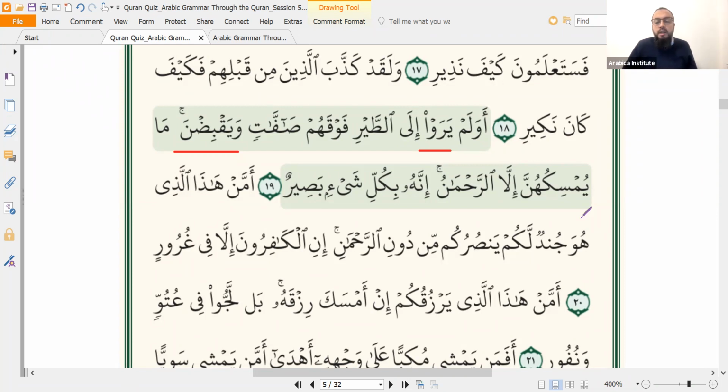Ma yumsikuhunna illa Rahman. Nobody holds them in the air except the Most Merciful. Hunna, this is a personification. Allah is treating the birds as though they're female humans. It's a similar word where it says be quiet as well. Yes, if you restrain yourself from speaking, this would be imsak anil kalam. So sa'umsiku means I'll withhold myself from speaking.